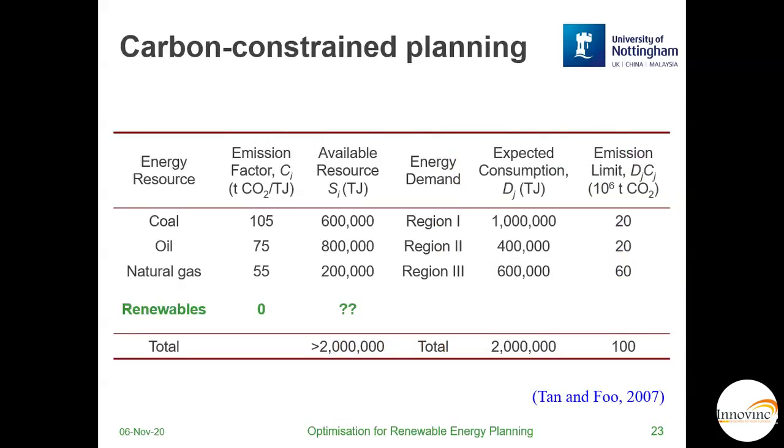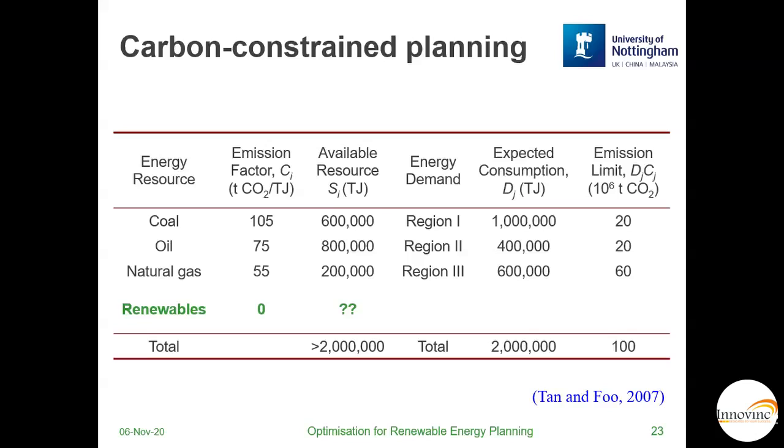Let me show you a simple example where you have the energy sources in the first column. Emission factors for all these energy sources are shown in column 2, and their available sources are also given. We are trying to match the 4 energy sources to the 3 regions.